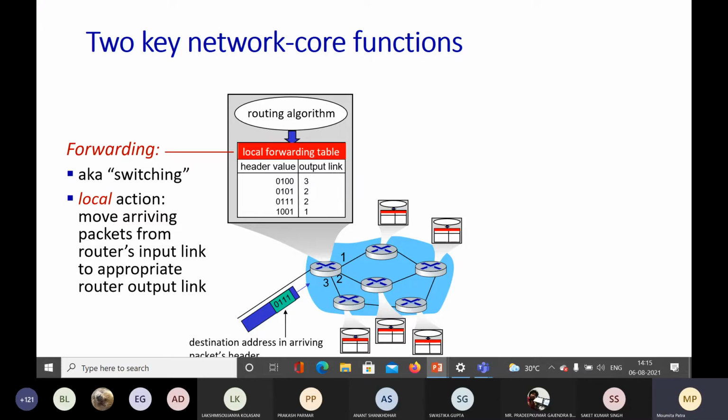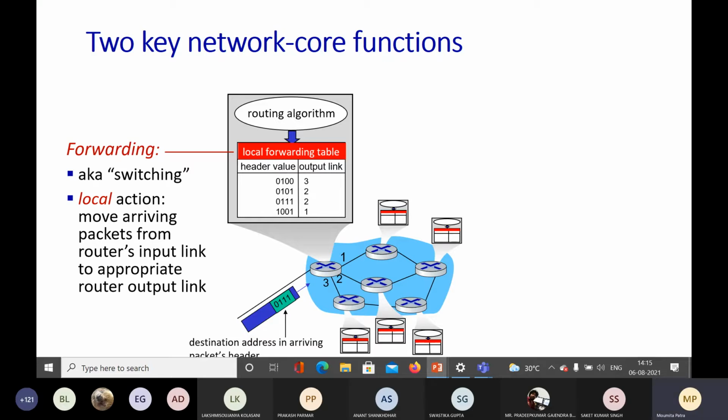The local forwarding table stores this information: if this is the header value, that means if this is the destination address you are looking for, then you have to move towards this particular output link. This method of forwarding the packet to its corresponding output link at the router is known as forwarding.